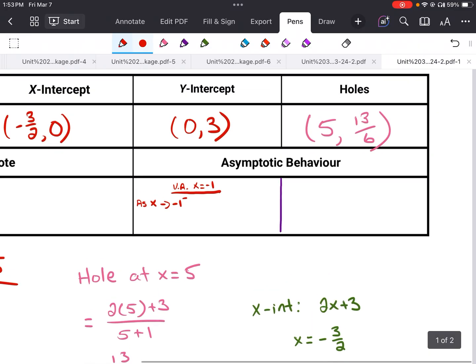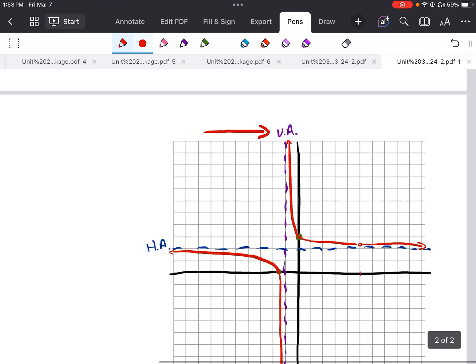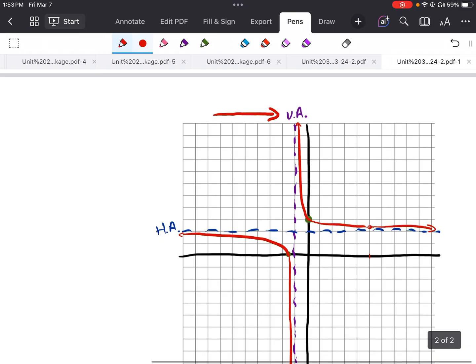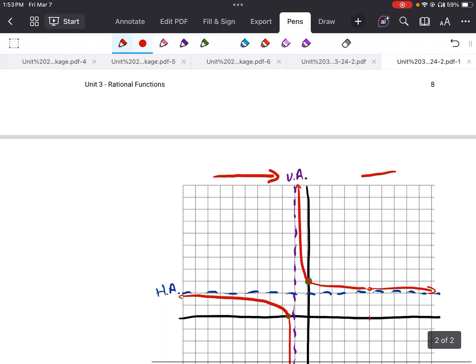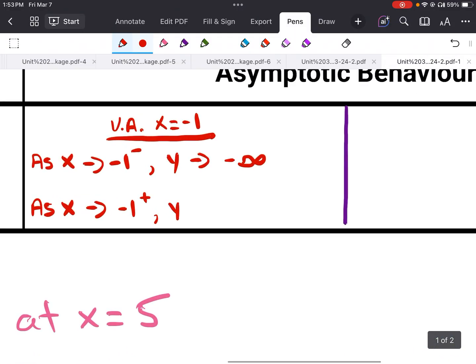So as x approaches negative 1 from the left, y approaches negative infinity. As x approaches negative 1 from the right, okay, so up here, what's it doing as it goes this way, it's going up. So as it approaches from the right, y approaches positive infinity.